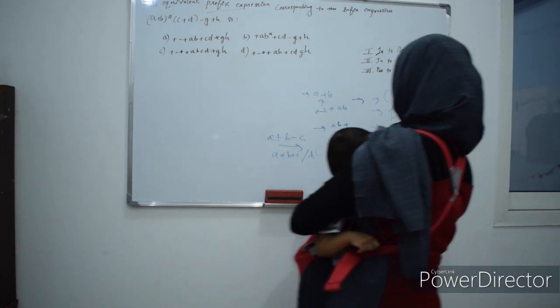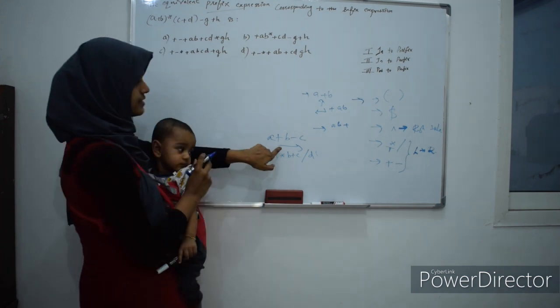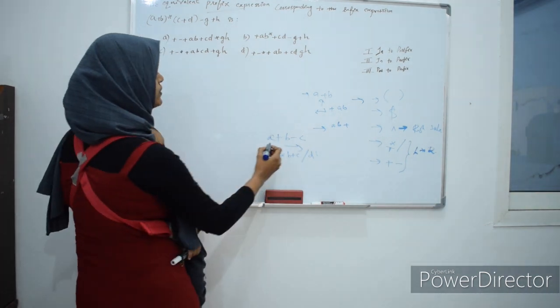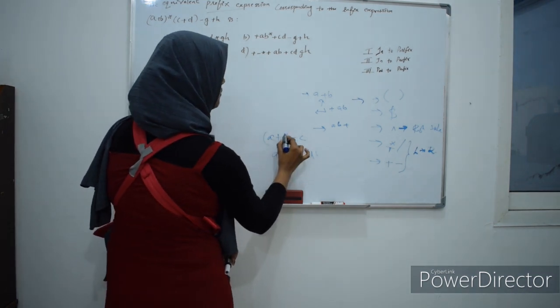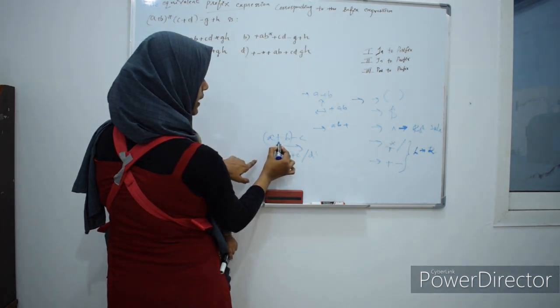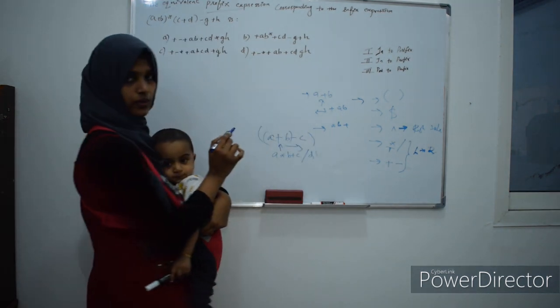So for A plus B minus C, we first take the left operator, then the next.